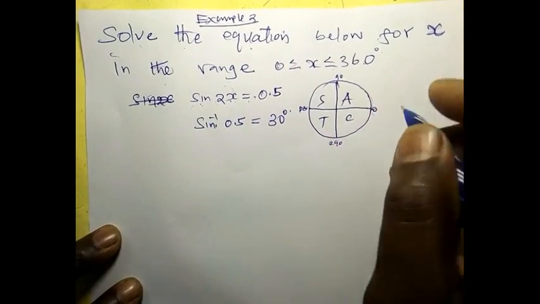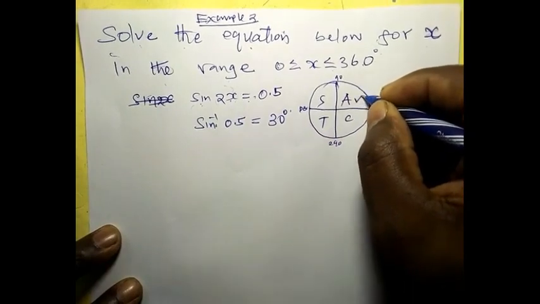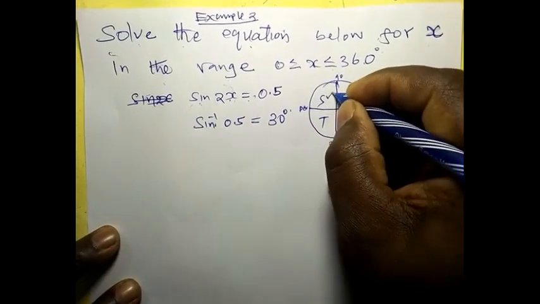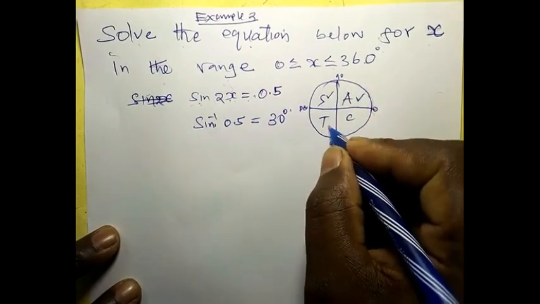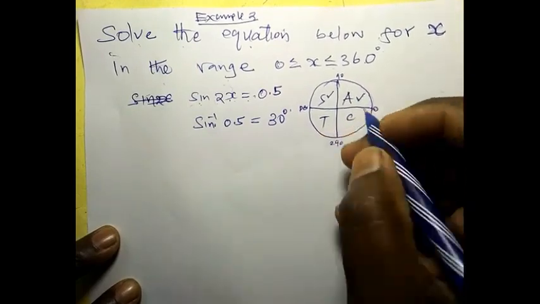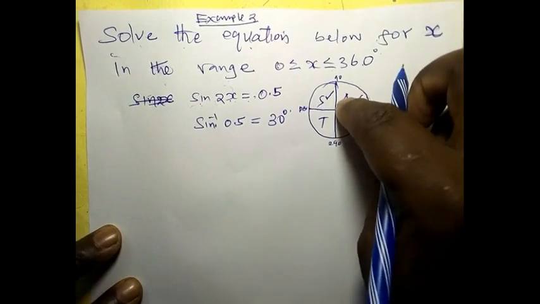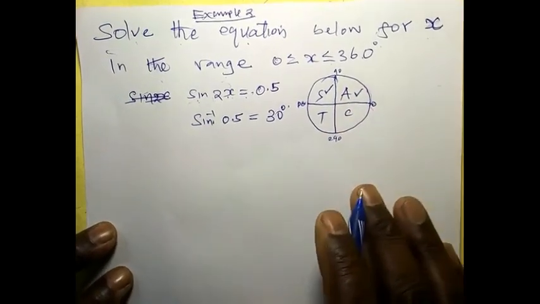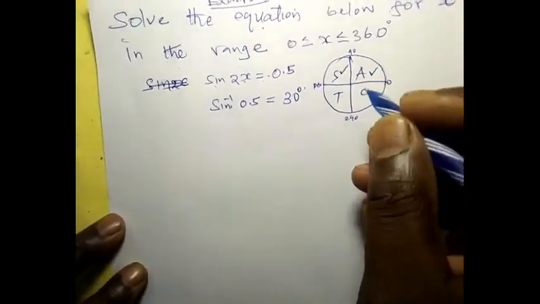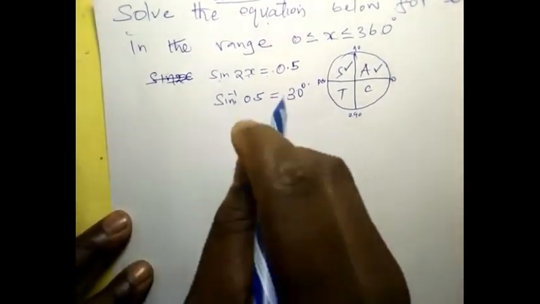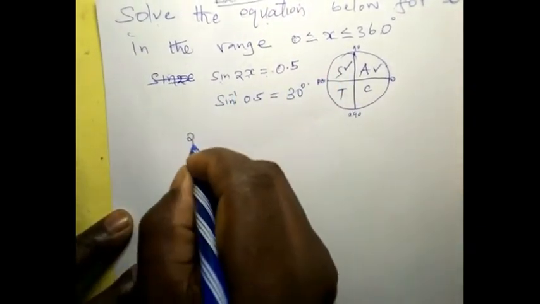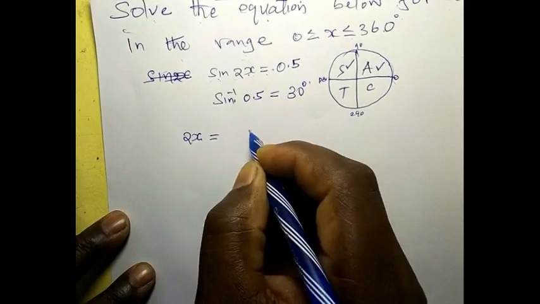Where in the unit circle is the sign positive? The sign is positive in this quadrant. The sign is positive in this quadrant. So we won't care about this one and this one because we want only where the sign is positive. Very important.